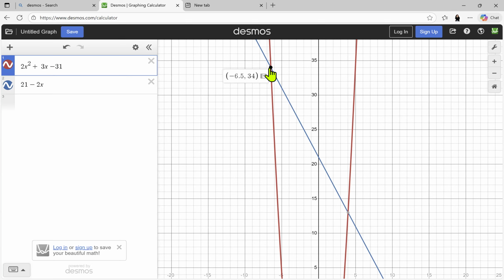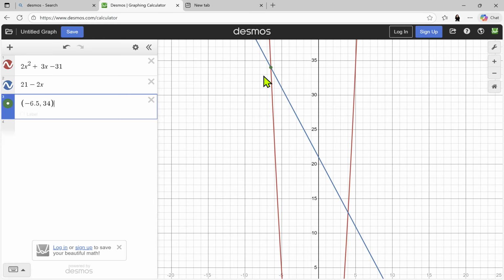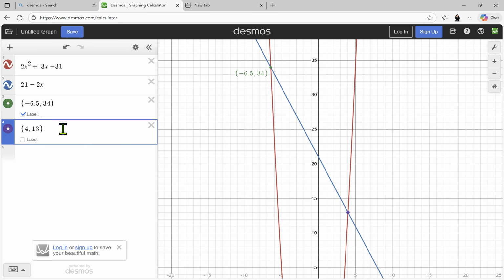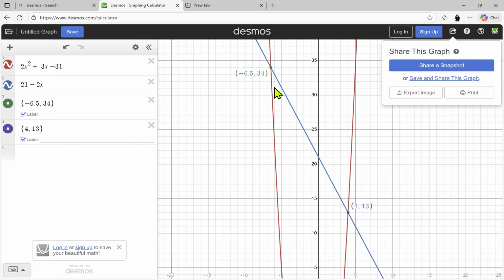The points of intersection are negative 6.5 and 34. So when x is negative 6.5, y is 34. And the other one is when x is 4, y is 13. So those are two solutions for this quadratic and linear equation.